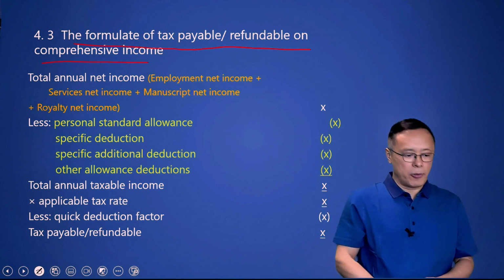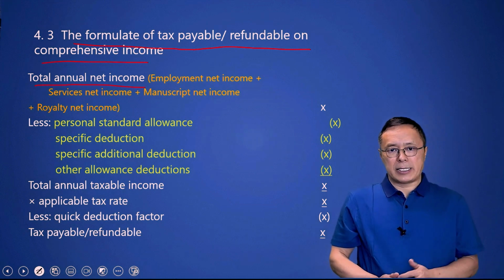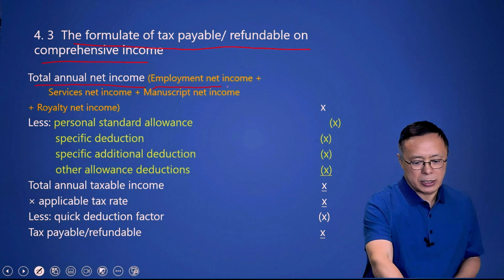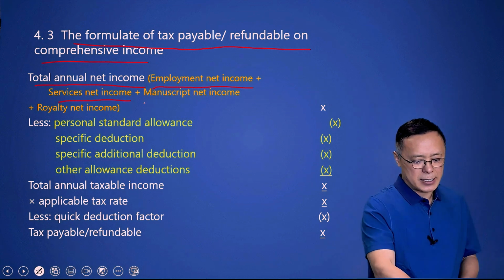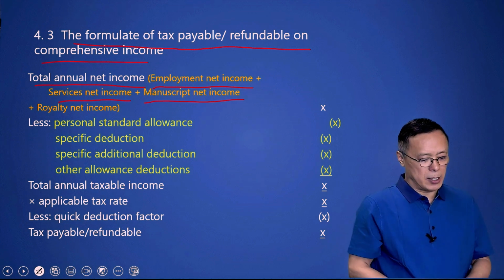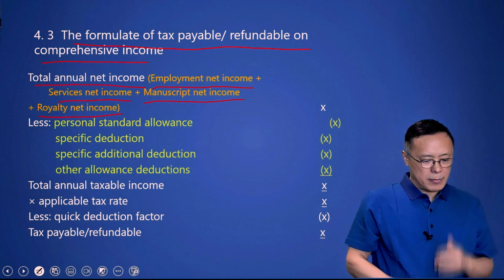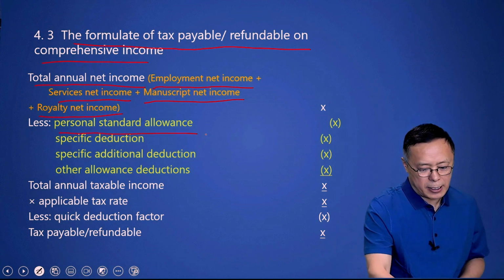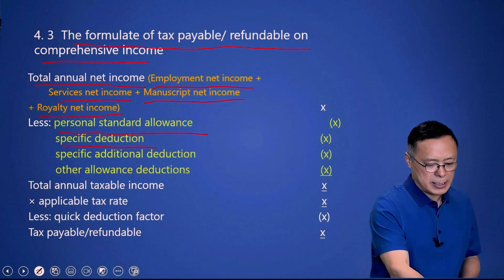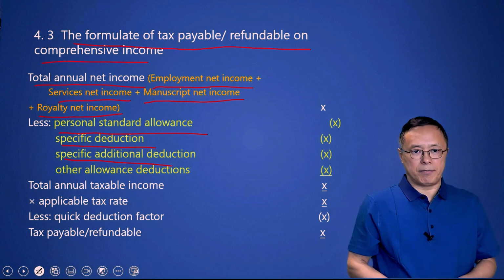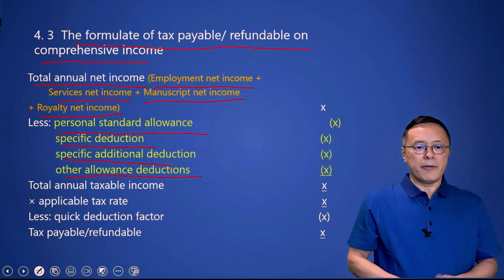The starting point of the formula is total annual net income. It's a summarization as employment net income plus services net income plus manuscript net income and plus royalty net income. Then less personal standard allowance, less specific deduction, less specific additional deduction, and less other allowance deductions.